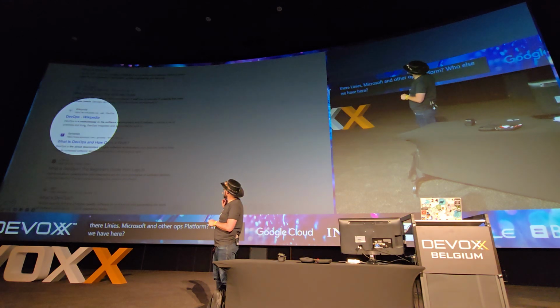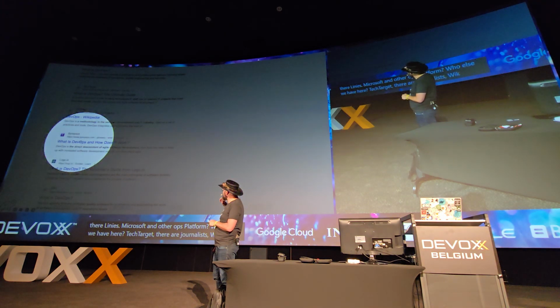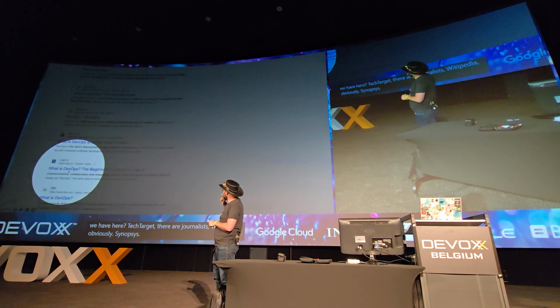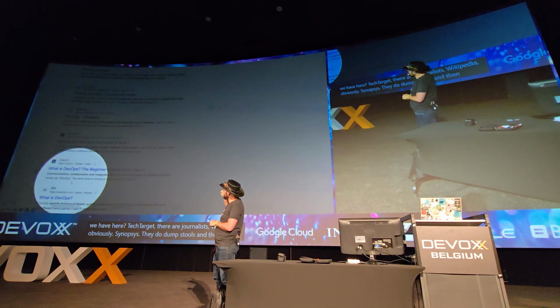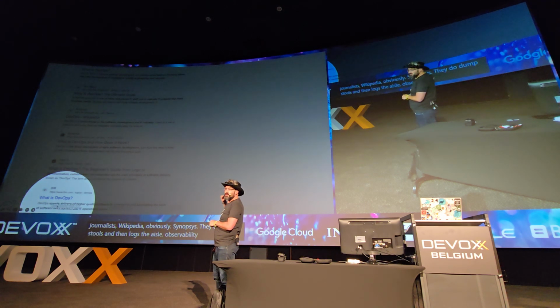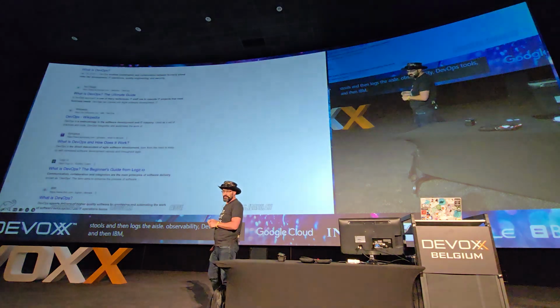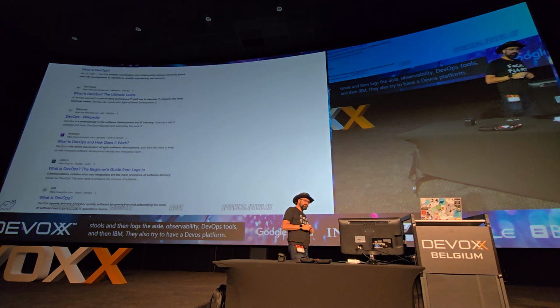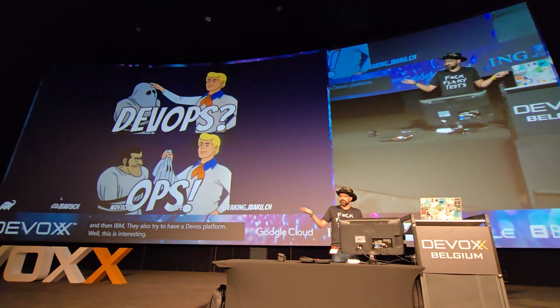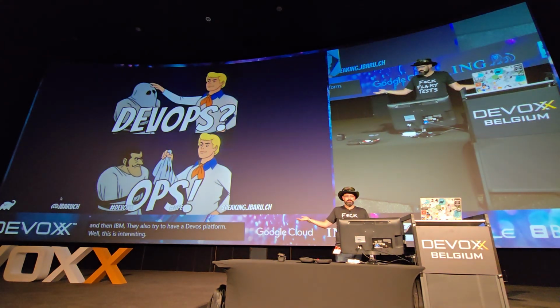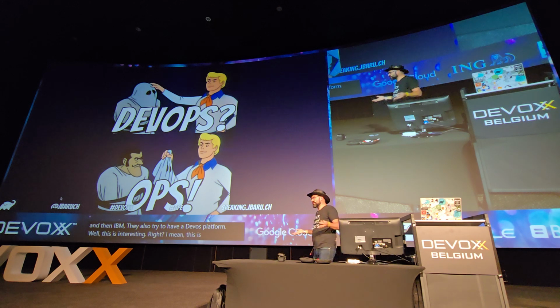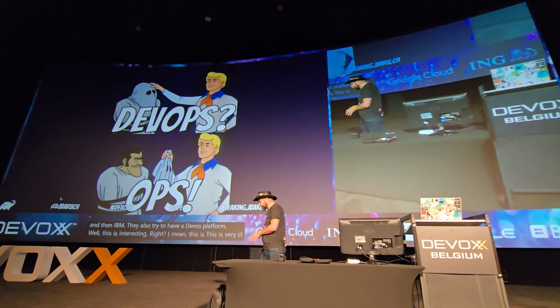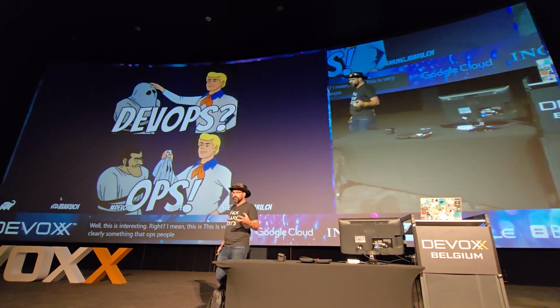TechTarget, they're journalists, Wikipedia, obviously, Synopsys, they do DevOps tools, and then Logs.io, observability, DevOps tools, and then IBM, they also try to have a DevOps platform. Well, this is interesting. I mean, this is very clearly something that ops people really try to push.